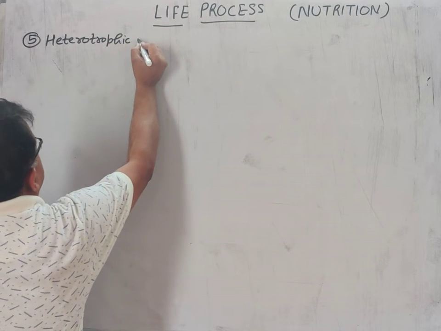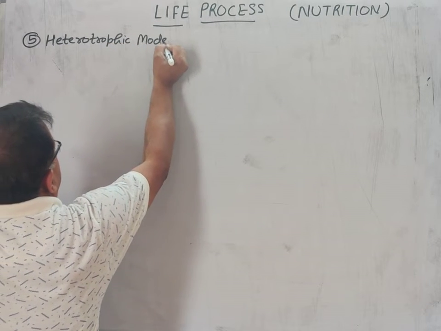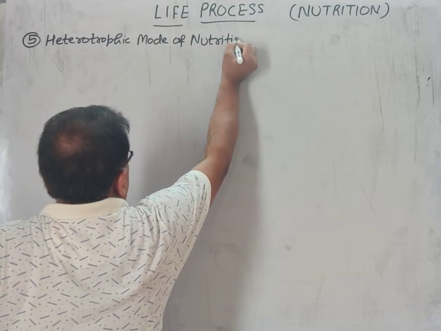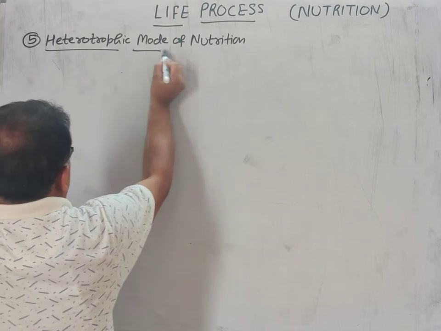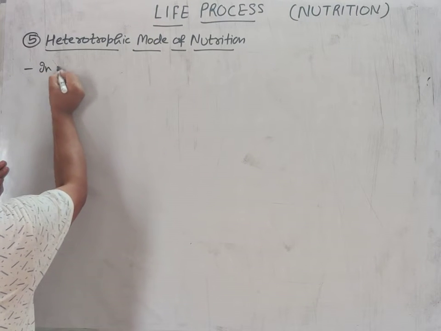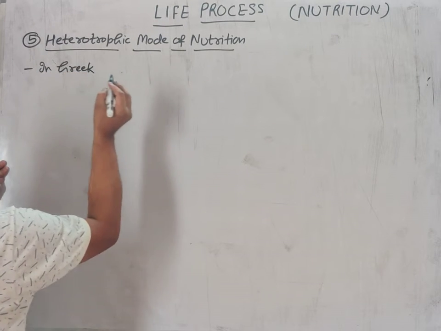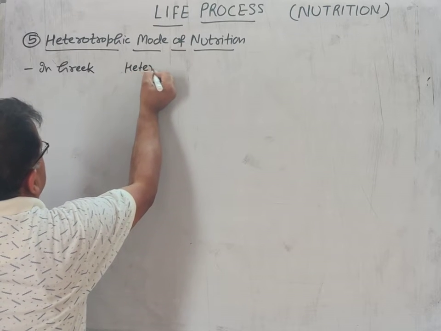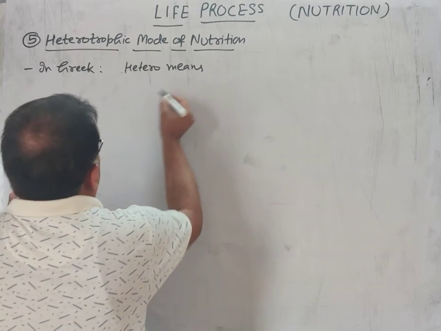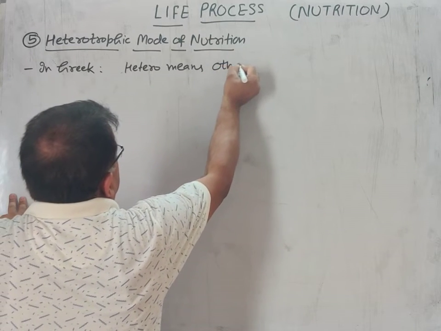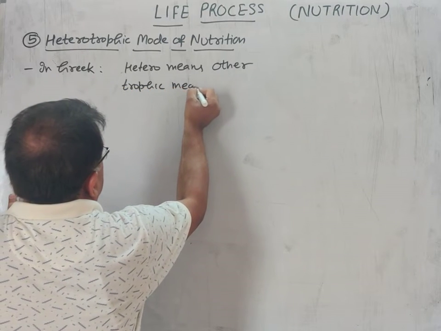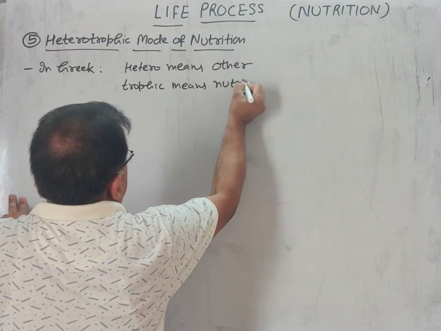Heterotrophic mode of nutrition. In Greek, hetero means other and trophic means nutrition or mode of nutrition.